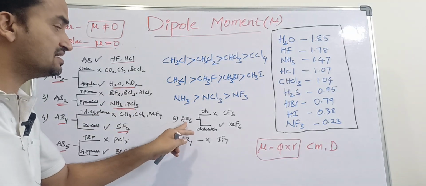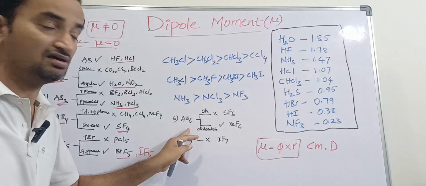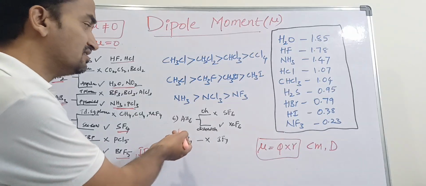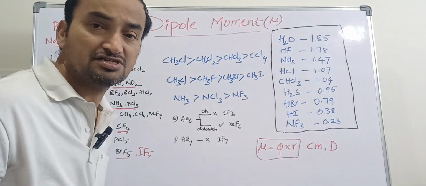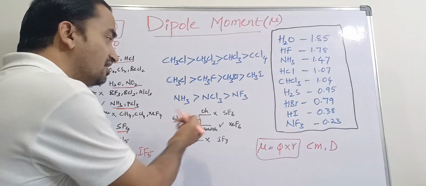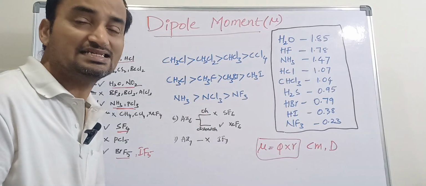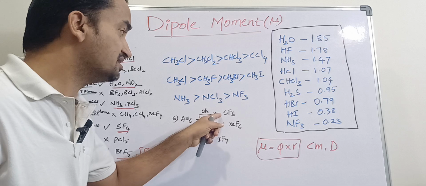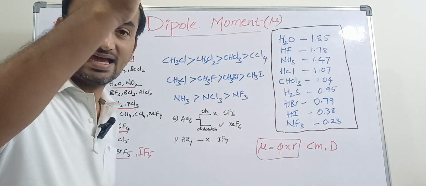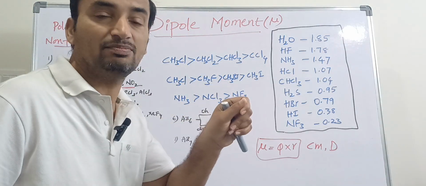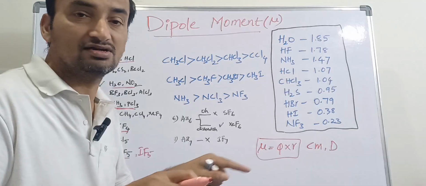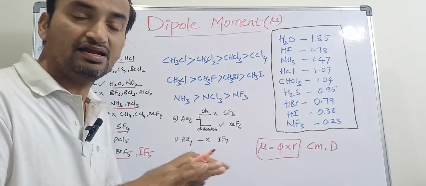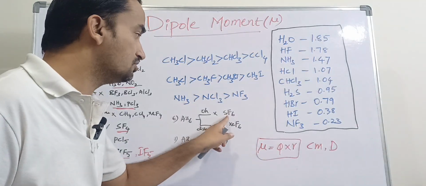Now the sixth one, AB6 type. AB6 type molecules. Here again we will find two types of structures. One is regular octahedral structure, another one is a distorted octahedral structure. In the case of regular octahedral structure, the axial positions net will be 0, and also the equatorial square planar shape net result will be 0. Hence mu equal to 0.